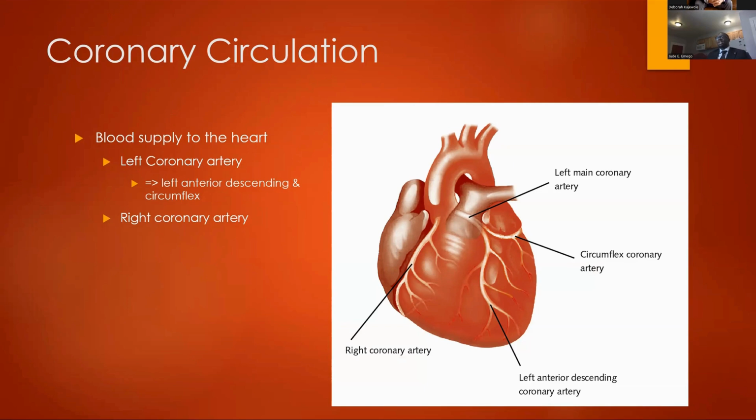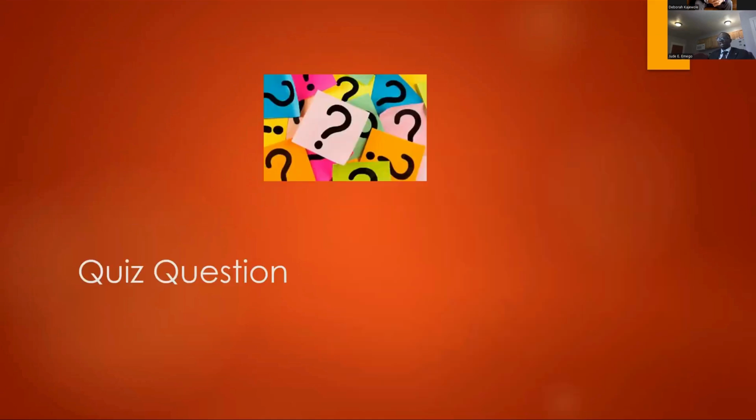So when it's not getting enough oxygen, that's when we have what is called a heart attack, myocardial infarction. Everybody here must have heard about heart attack. That's literally when you don't have enough oxygen supplying the heart itself. And we're going to go to the next slide.